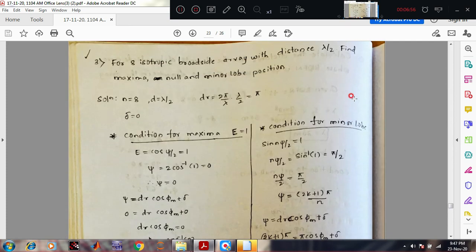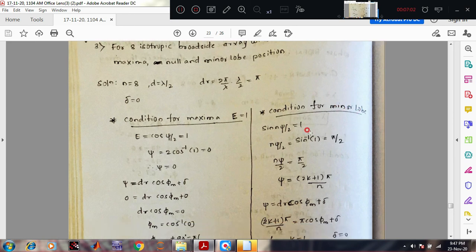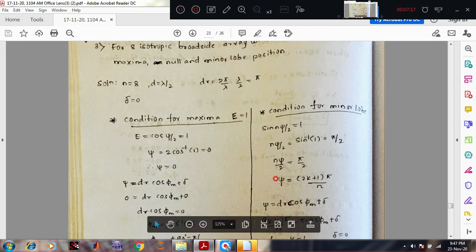Next part is the condition for minor lobe, so the maxima and minor lobe, right? To get the minor lobe, sin of n psi by 2 is equal to 1. Therefore n psi by 2 is equal to sin inverse of 1, which is pi by 2. So psi is equal to (2k plus 1) pi by n.